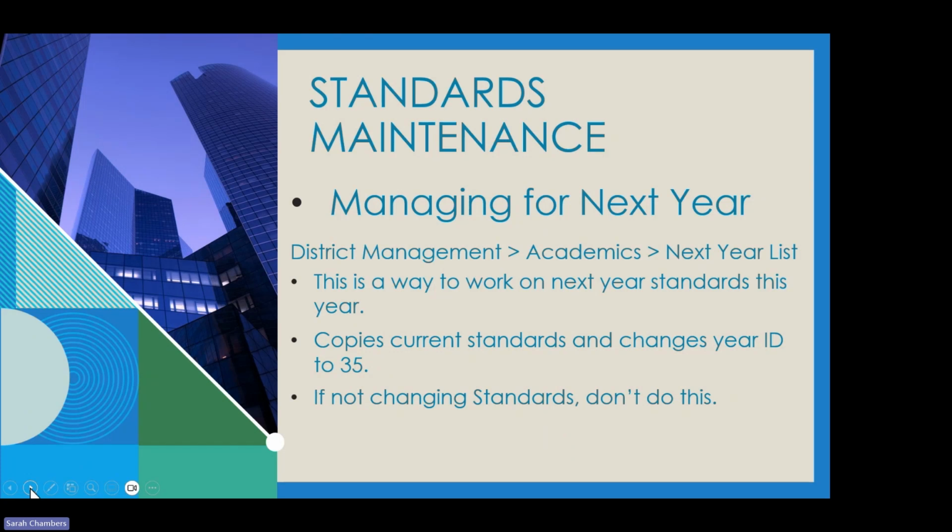Or you could also import, and if you imported in using year 35, you could overwrite what was there. But if your standards are staying the same, you don't have to do this because the end of year process will automatically roll over all of those standards and make them year 35. So it's important to remember you do not want to edit or change existing standards because you are changing them for this year, not for next year.